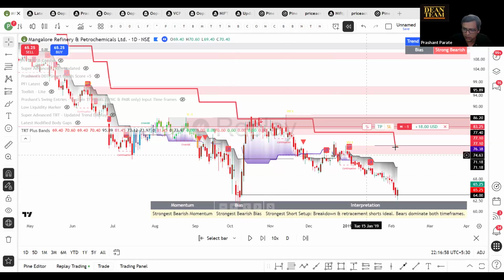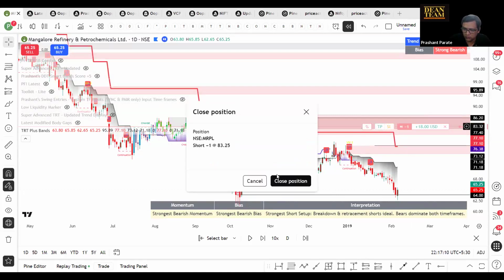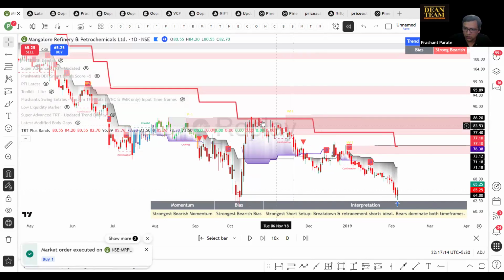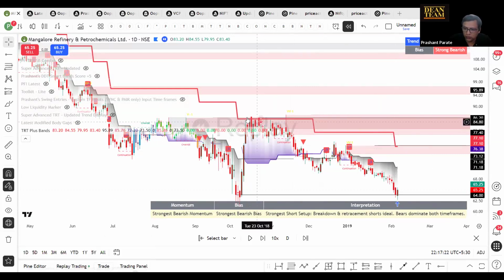Yes, so it has reached the target and we can just close the trade. Close position. So in this trade, we took entry here and exit was here, either here or in this candle. Okay, so it took so many days.